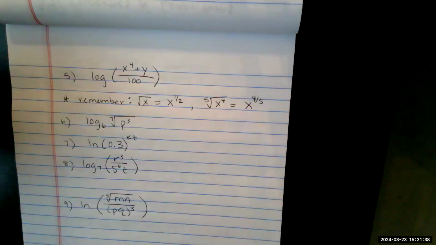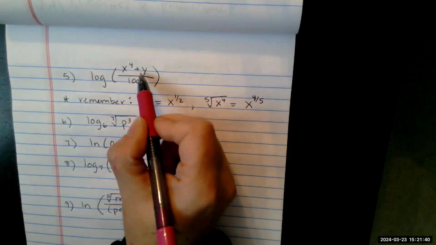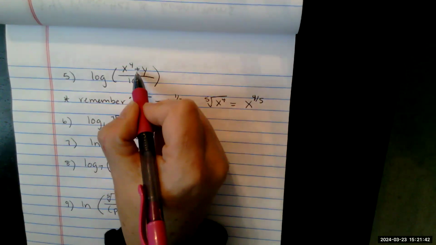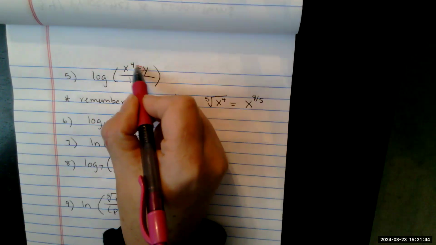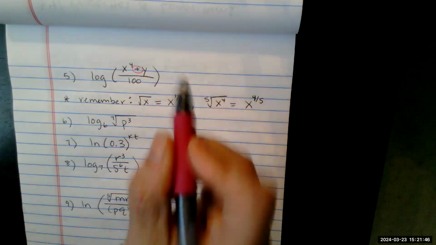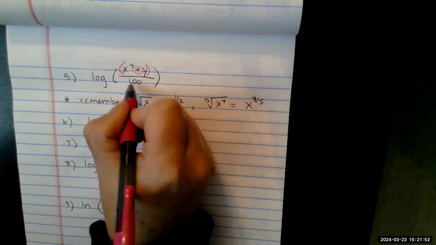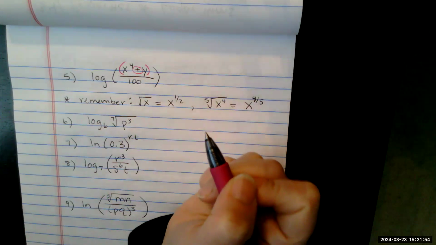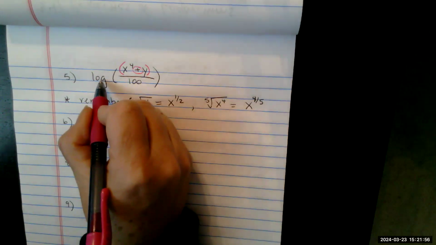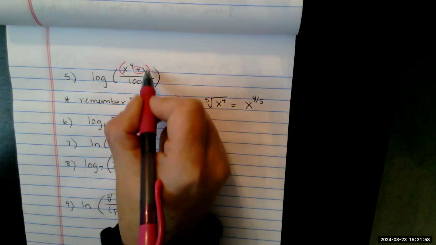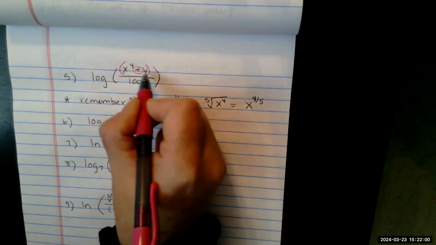Okay, so a fancier one. This one we need to be careful because there was no shortcut or no way to change it if there was something being added. So I need to make sure I'm thinking of this whole top as one thing that's being divided by the 100 in the bottom. So I cannot separate the x to the fourth and the y. They are stuck together.